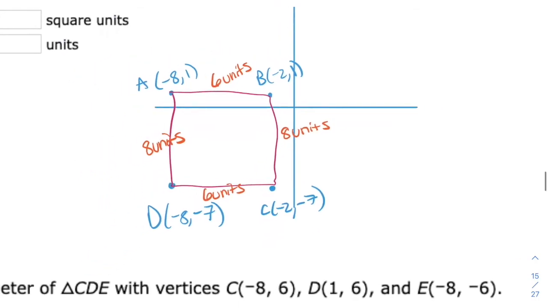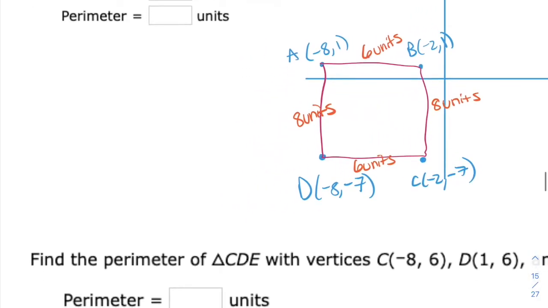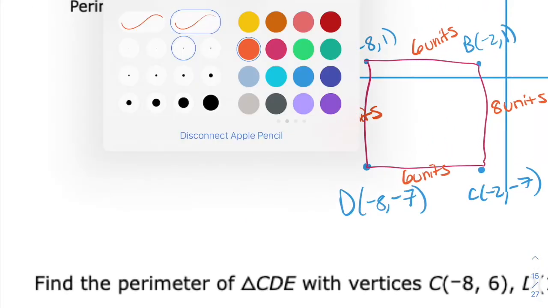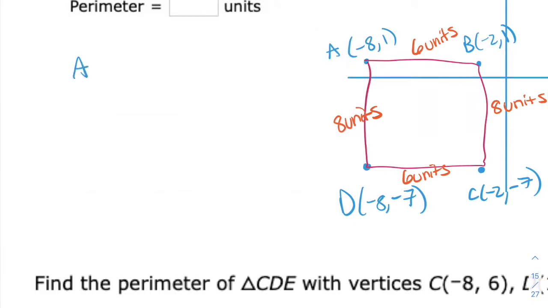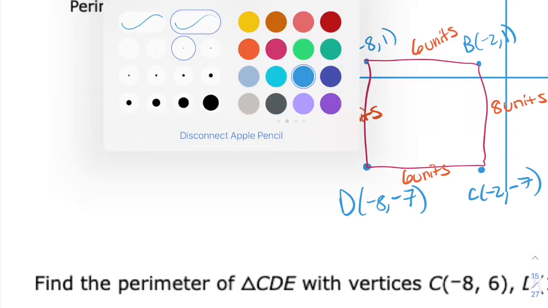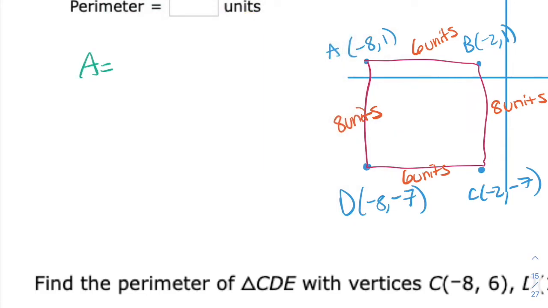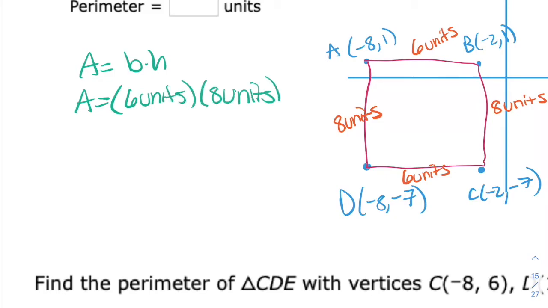So the area is going to be base times height. So area is going to be 6 units times 8 units. So 6 times 8 is 48 units squared.